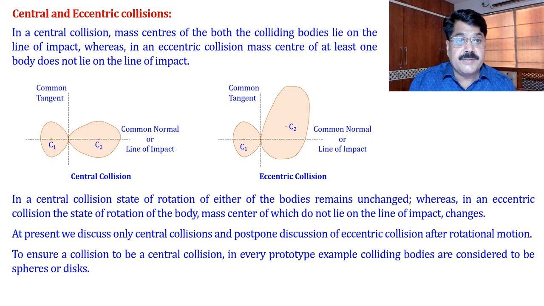Actually, what is the condition of a spherical body or a cylindrical, that is a disk, circular section body? That its normal always lies along their center. If the bodies are uniform, it means the common normal passes through their mass centers also. So in this way, if we consider collision between uniform spheres and uniform disks, that will always be central collision.